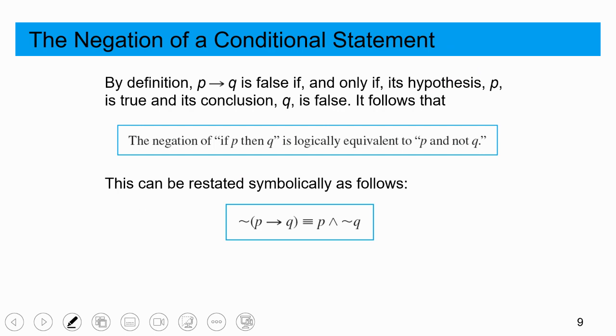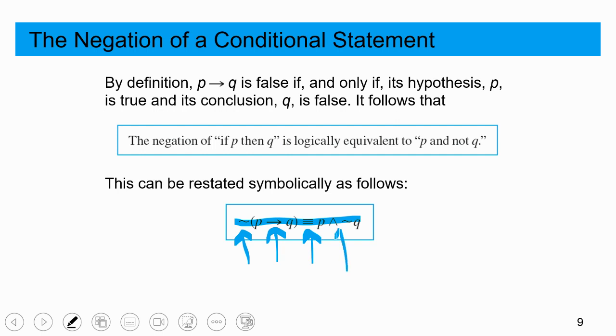So the negation of if P then Q is logically equivalent to P and not Q. And so we can state that with symbols like this. So in the parentheses, we have our if then. So the negation is, of course, represented with this little tilde. These three lines simply mean logically equivalent.